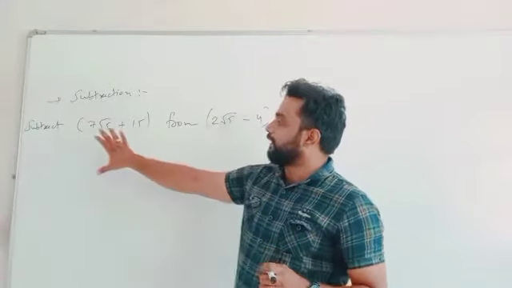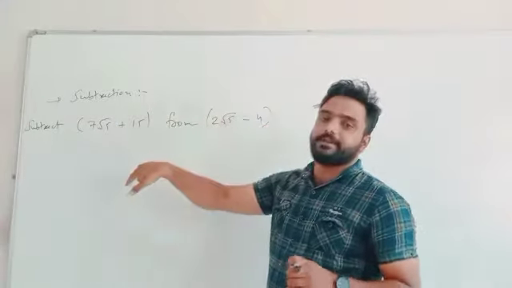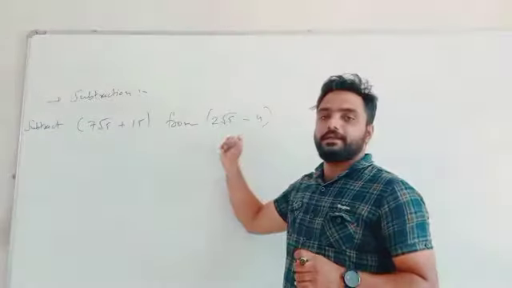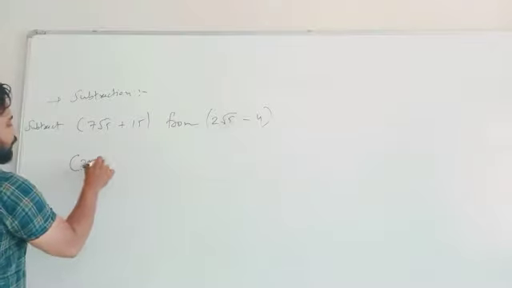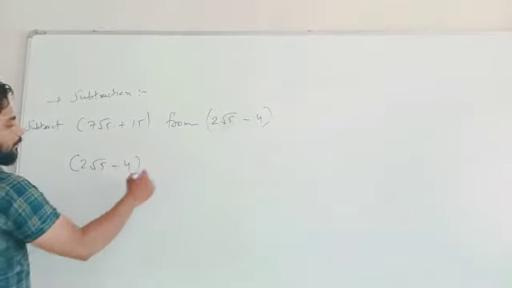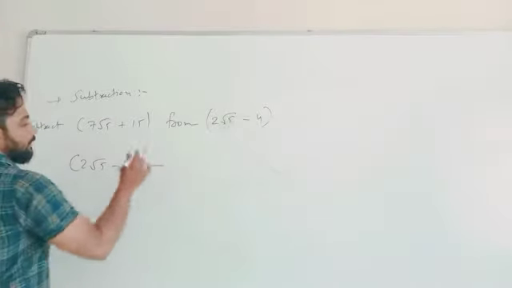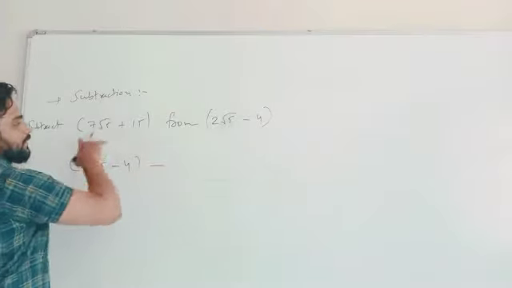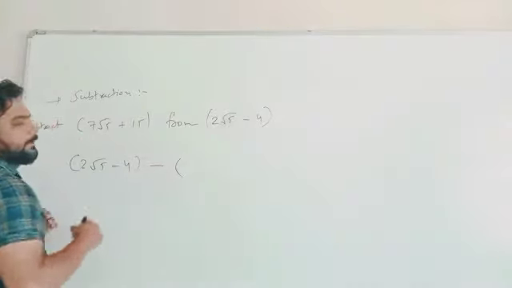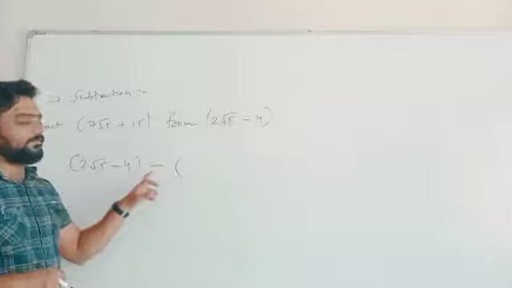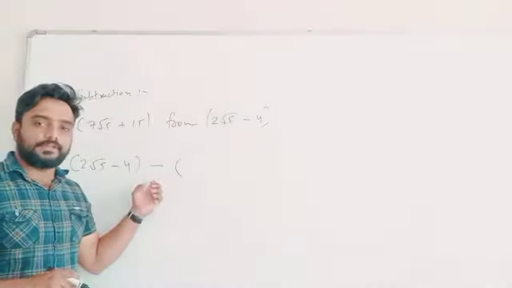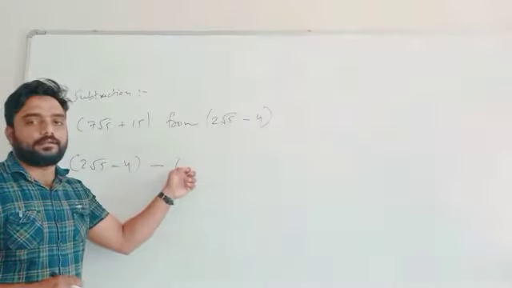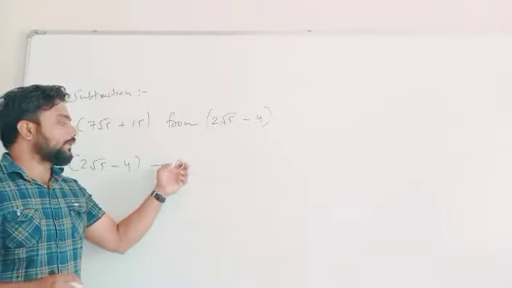Okay. So see here, this has to be subtracted from this, so what will be written first? That is this value, that is 2 root 5 minus 4, minus. Now the first value, why? Because it is subtracted from that value, so you have to write it second. Now while writing, if there is a subtraction between these two values, you have to write the second value, the second irrational number, in a bracket.